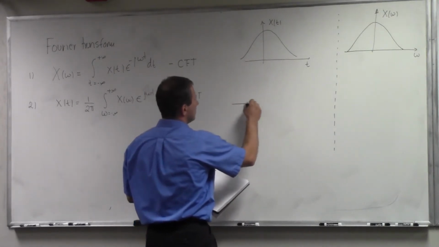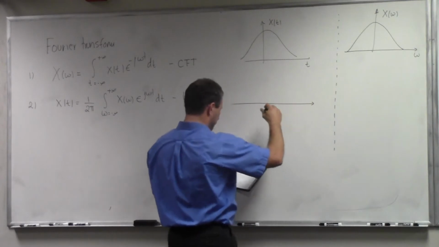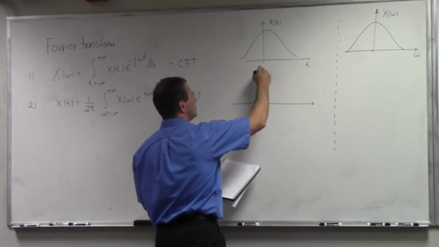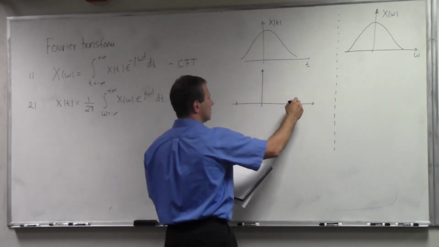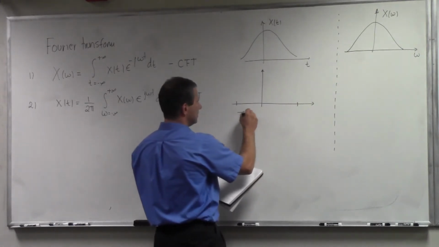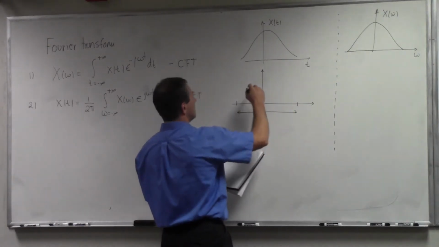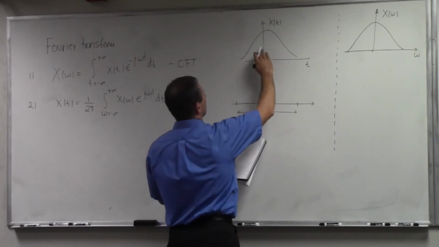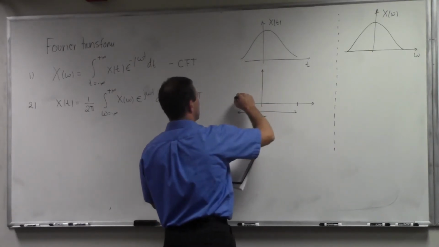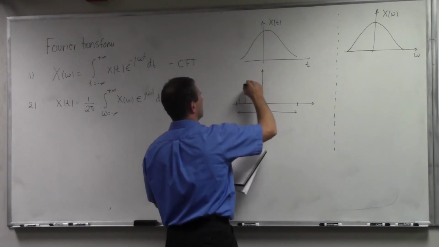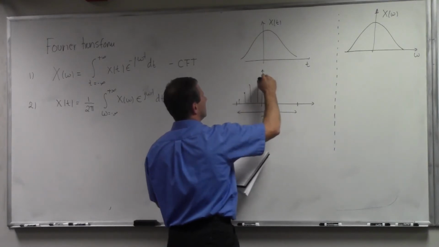So then the next point is I'm going to do two things. I'm going to take what I just said. I'm going to take a chunk of this signal in the time domain. Let's call this tau. And I'm going to sample it. So this is how it's going to look like.